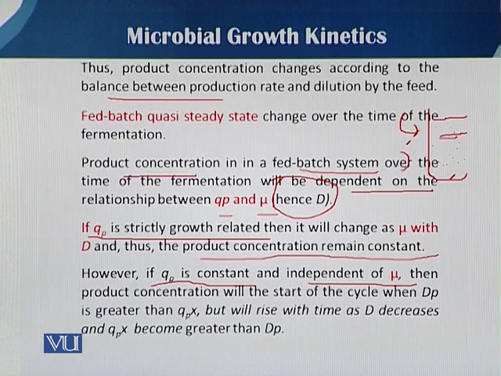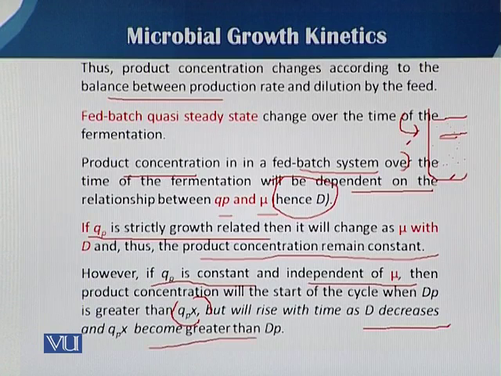Then the product concentration will start the cycle when DP is greater than qP X, but will rise with time as D decreases. As D decreases, meaning dilution decreases, the product concentration will increase. If the dilution increases, then the product concentration decreases. So it is directly associated with D.